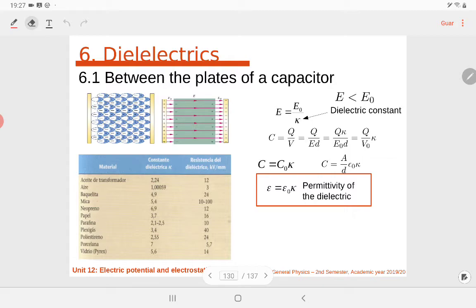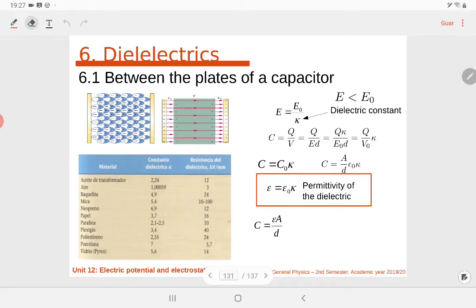In this table, you have for several different materials their dielectric constant.